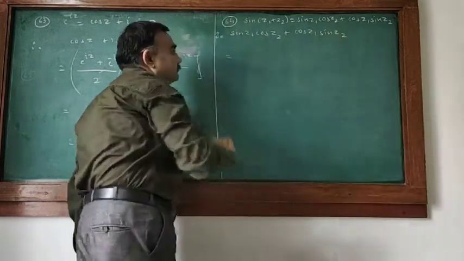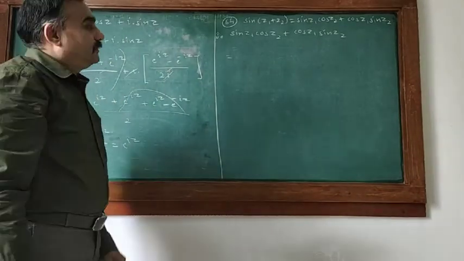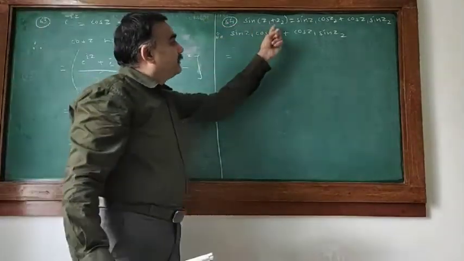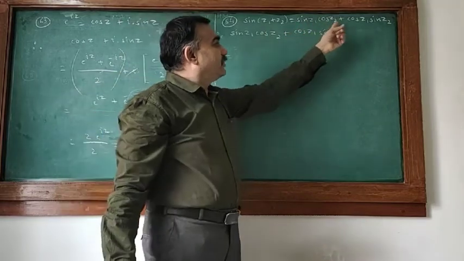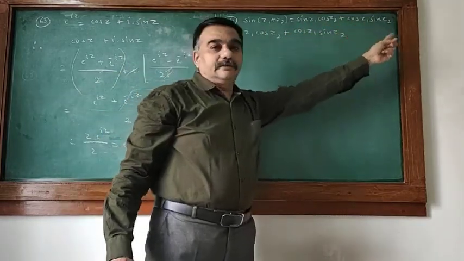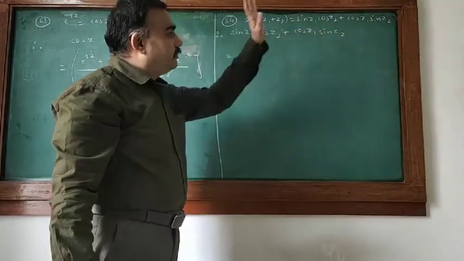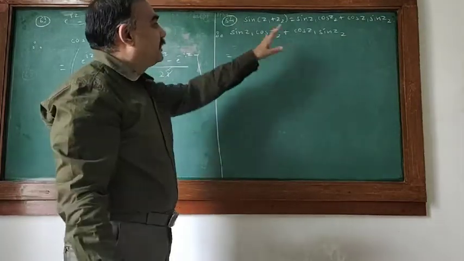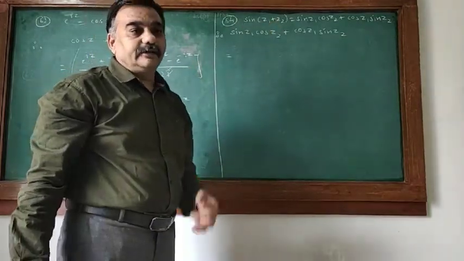Sin z1 plus z2 is sin z1 cos z2 plus cos z1 sin z2. It's a well-known formula for angles, but right now we have z1 and z2 as complex numbers.